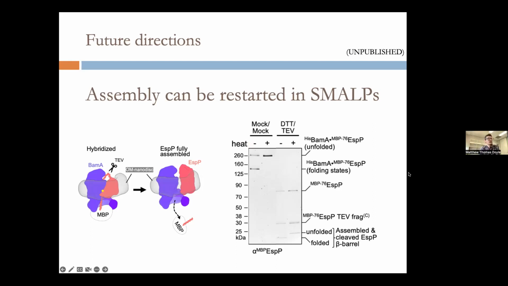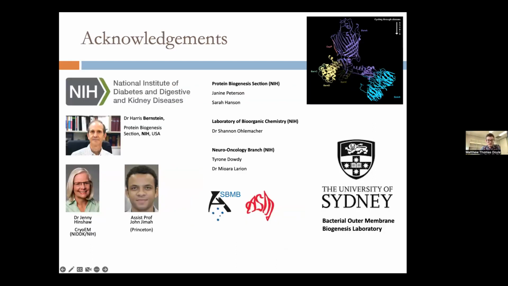That's a good question. So let me stop sharing so I can just see you. With SMALPs, you can't control what lipids are in there. You just add them to your membrane, and whatever is retained in the discs is what is retained in the discs. What we did do is lipidomics on our discs, and we saw things that we expected and things that we didn't expect.